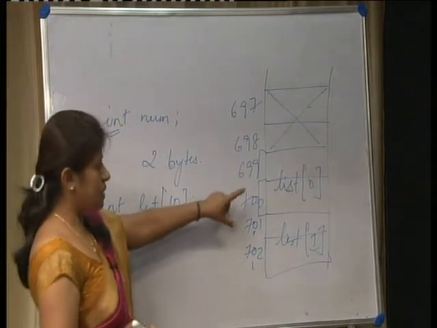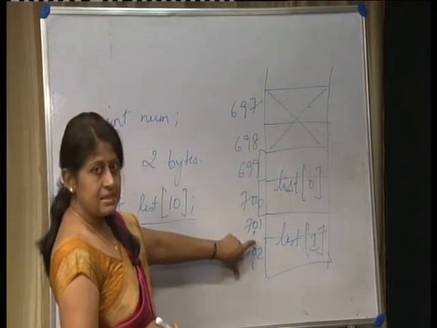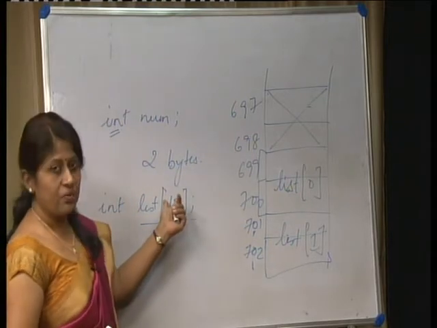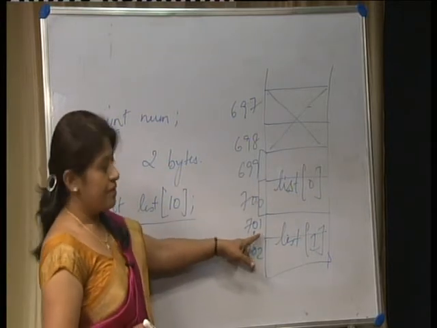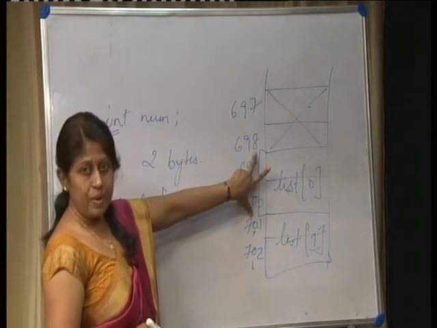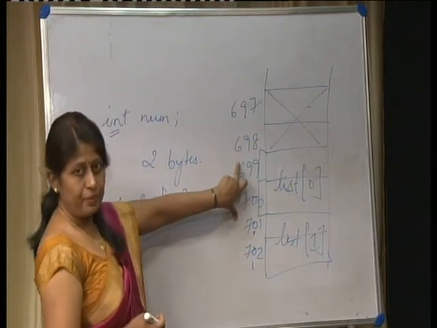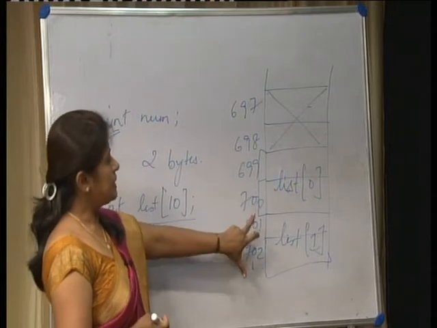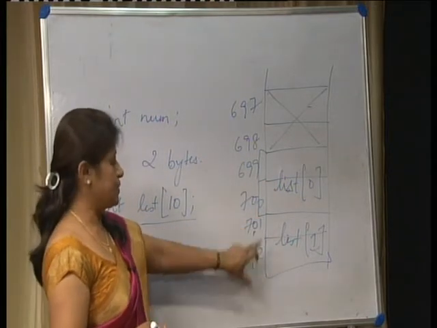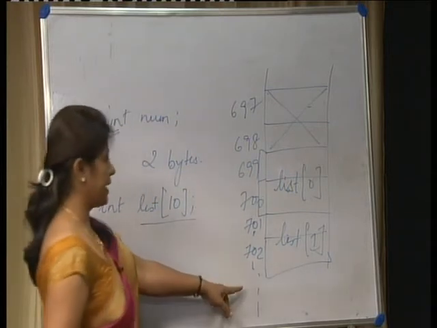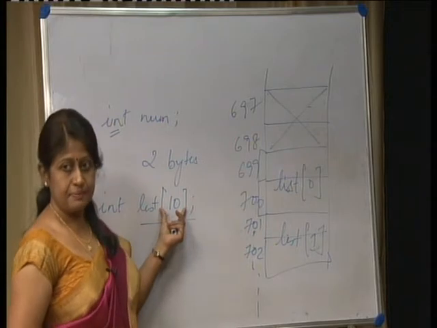So it goes on like this. An array will always be allocated sequential memory locations, wherein the first memory location, 2 bytes in length, will be my first element of the array and the subsequent 2 locations will be the second element of the array, and so on until it allocates memory locations for all these 10 elements.